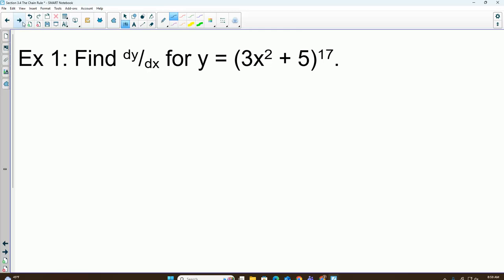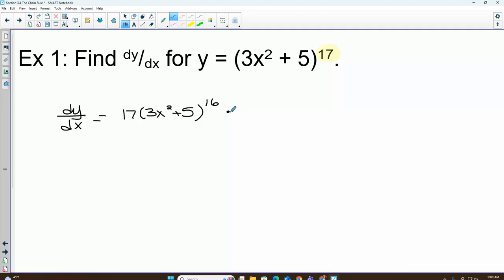So if I asked you to do this one, I would not want to multiply this out 17 times. I would not want to write it 17 times and do the product rule 17 times. That would be way too time consuming. But our chain rule says we can do this derivative by doing the derivative of the outside. The outside is something to the 17th power. So when you do that derivative, the 17 comes down, inside stays the same. If you subtract 1 from the power, it's now to the 16th.